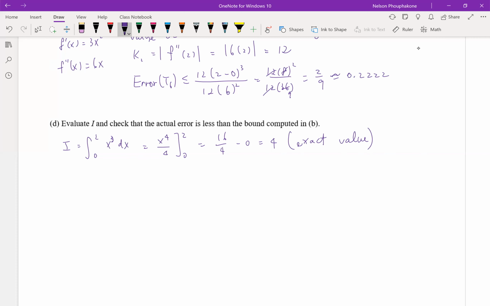And then now we would like to calculate the error. Now remember, the error is the difference between the actual value, the exact value 4, and the approximation, right? So which is 0.1111.